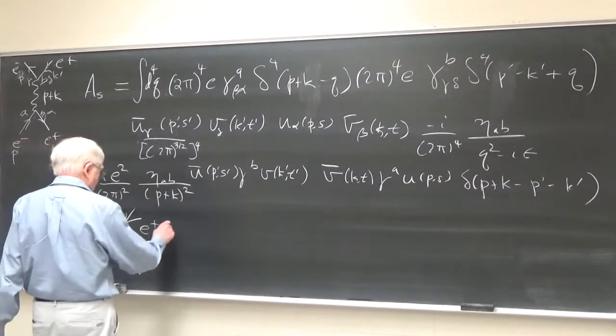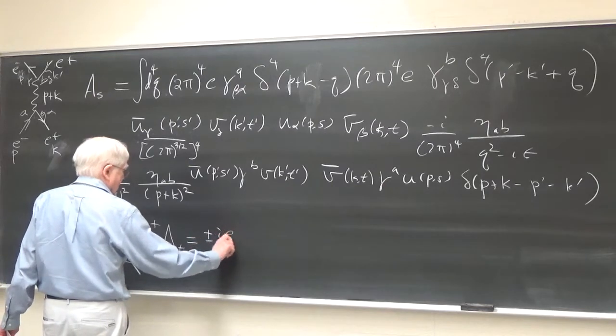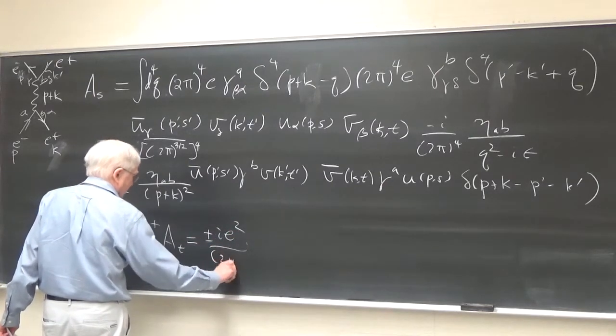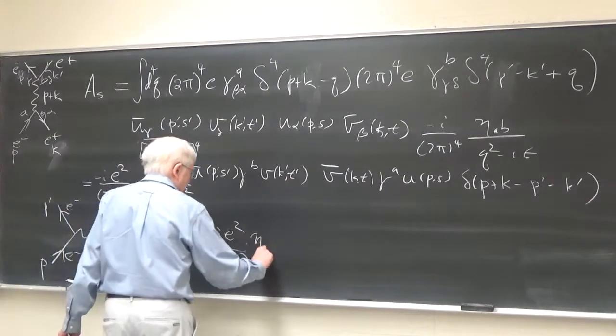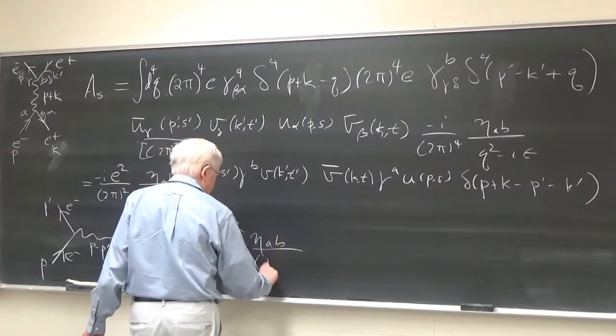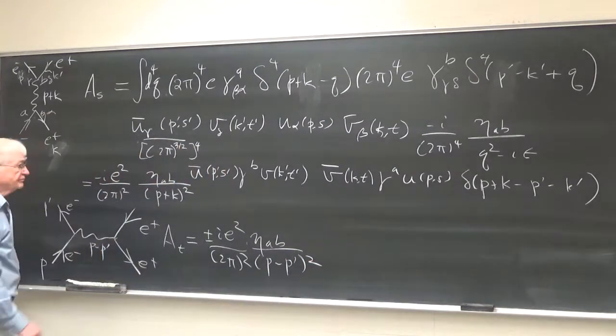So at this point, I'm going to say that iT is plus or minus i e² over (2π)² times η^AB over (p minus p′) squared for that.